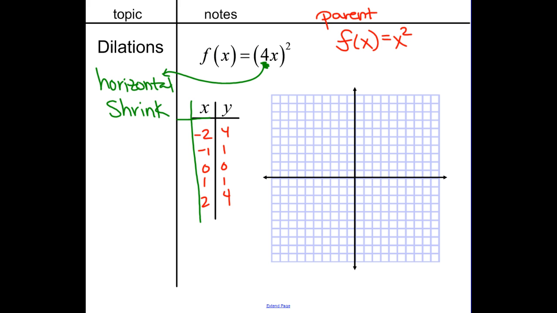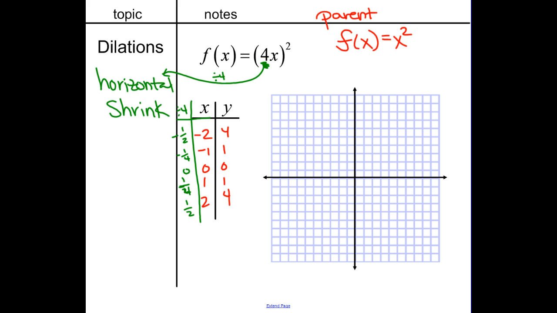Since it's really multiplying by 4, we're going to divide each piece by 4. So I'm going to divide by 4, and we end up with -1/2, -1/4, 0, positive 1/4, 1/2.